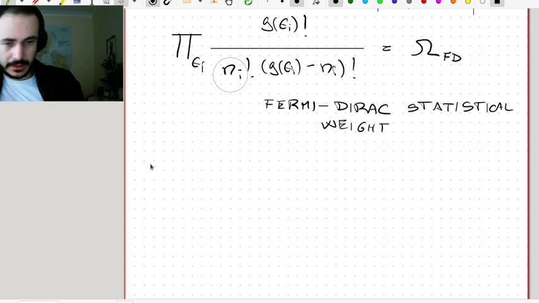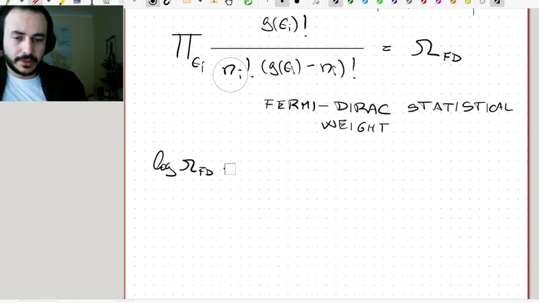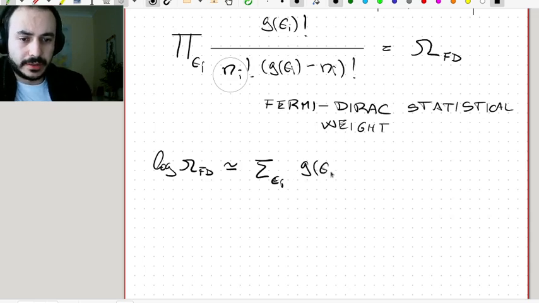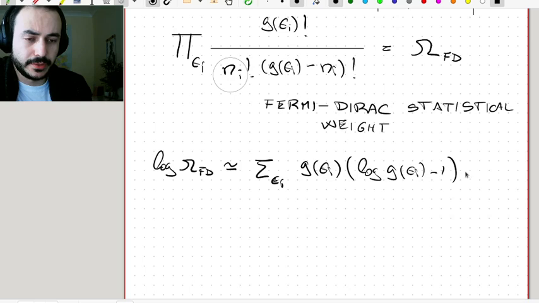And we just do the calculation. There's only one thing to mention here. As usual, take the logarithm of the Fermi-Dirac weight. I'm going to make Stirling's approximation already, and I'm going to assume that the degeneracy of each energy level is huge, which is a very safe approximation if you have a system with a lot of particles. So what you have here is the sum over the energies; the product turns into a sum, and you get the degeneracy times the logarithm of g epsilon i minus 1.